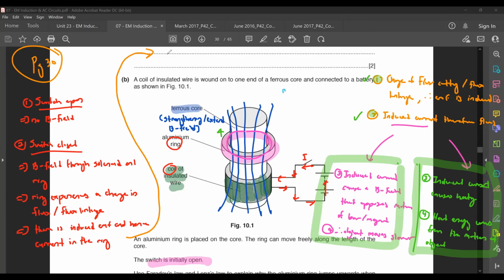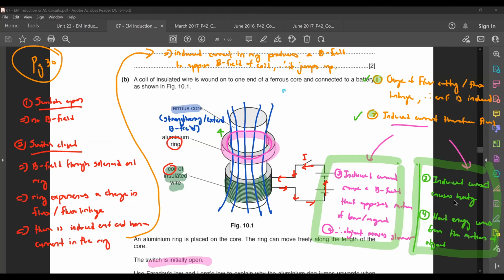The induced current in the ring produces a B field to oppose the B field of the coil. Therefore, it jumps up.